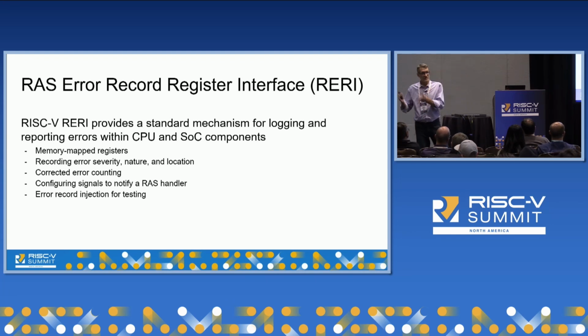Yes, they were corrected and system operation continued normally, but you often want to keep a count, because if that count starts getting high, that's probably an indication of a looming, more serious error coming, and it gives system software an opportunity to be more proactive. The RERI standard also includes support for what's called error record injection, for being able to test your RAS handling software.